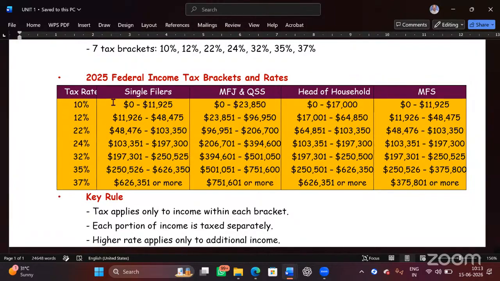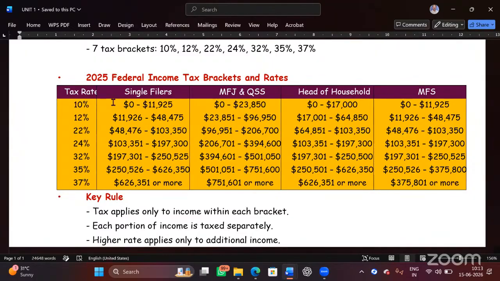Basically, all taxpayers are divided into 5 types. One is single filers, meaning purely individuals. Second is married filing jointly: already married, and the taxpayer files the tax return along with the spouse.